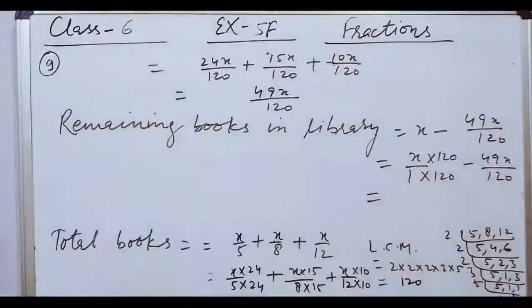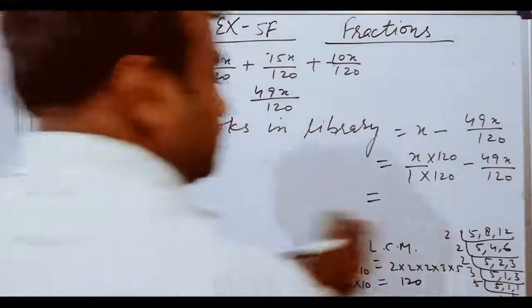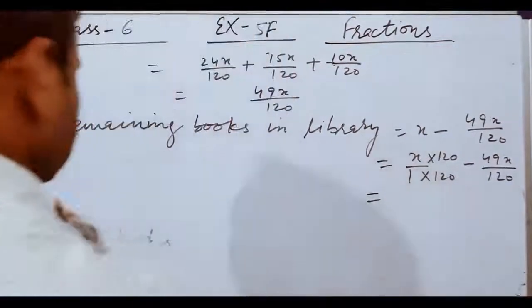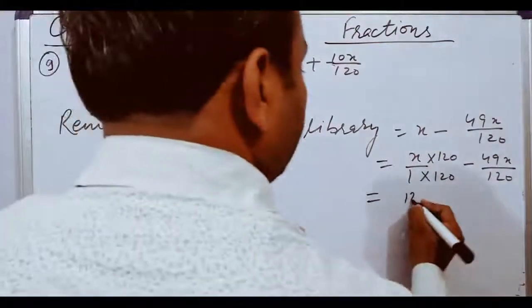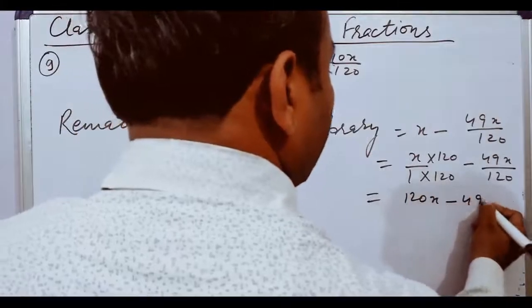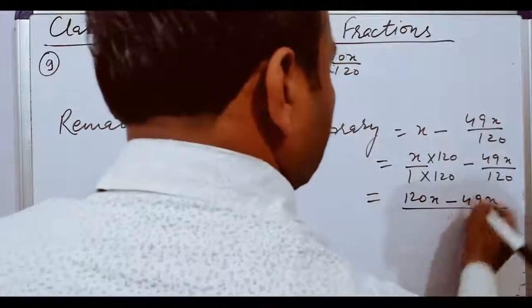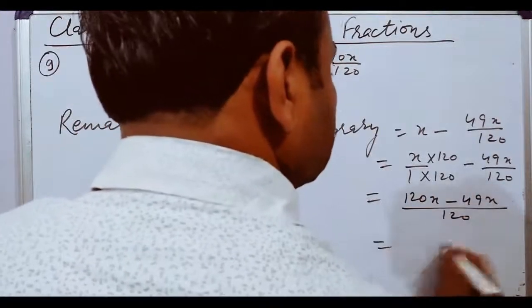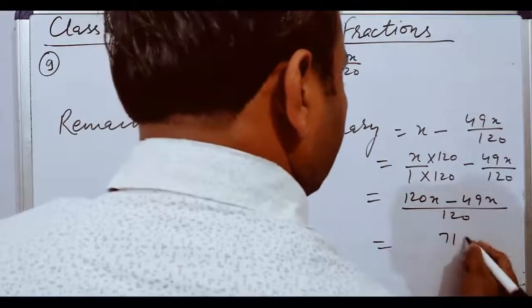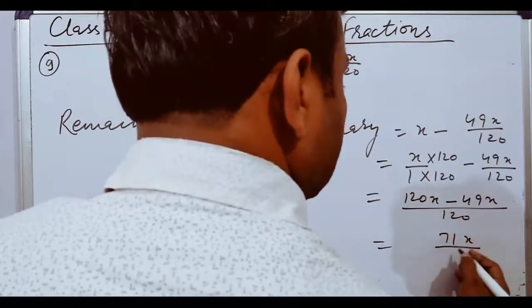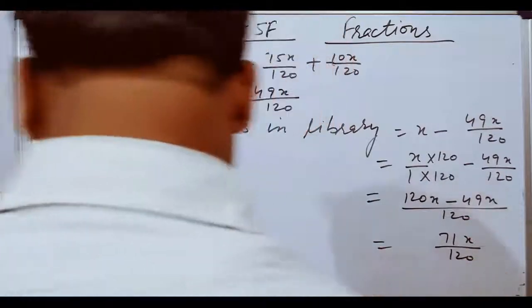Then it is 120x minus 49x upon 120, equal to 71x upon 120.